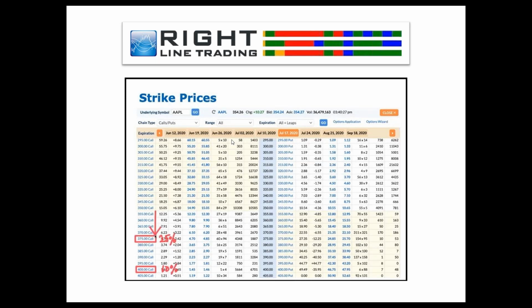Now, what does the delta tell us? The delta tells us the probability that at options expiration, the price of the stock will be at the strike price. Right now, Apple's at $354.26.